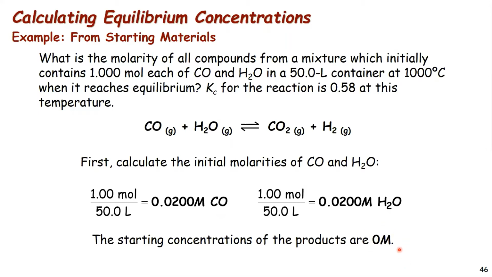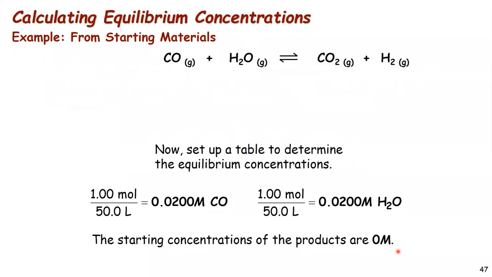So unless otherwise stated, there's always going to be 0 products. Now, later on, we're going to find out that we might start with both reactants and products in a reaction vessel. But if it's not stated, we assume we started off with a clean reaction vessel and that there's no products in it.